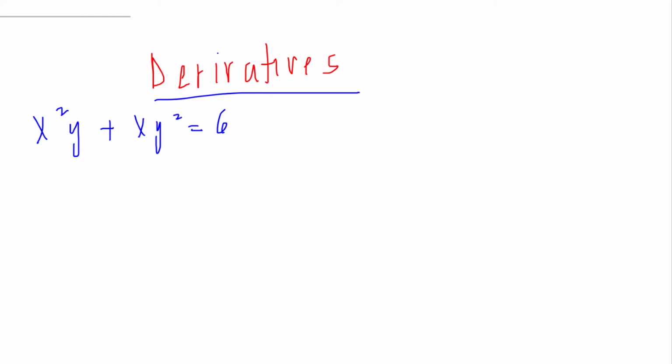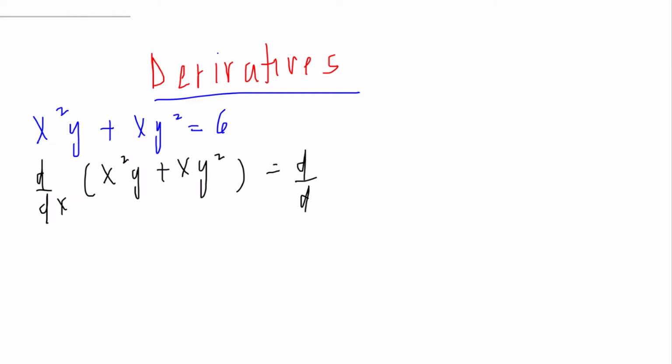So that is going to be d all over dx of x squared y plus x y squared is equal to the derivative d all over dx of 6. Okay, so we're finding the derivative of everything in this function with respect to x. Okay, so the way it's gonna be is like this.